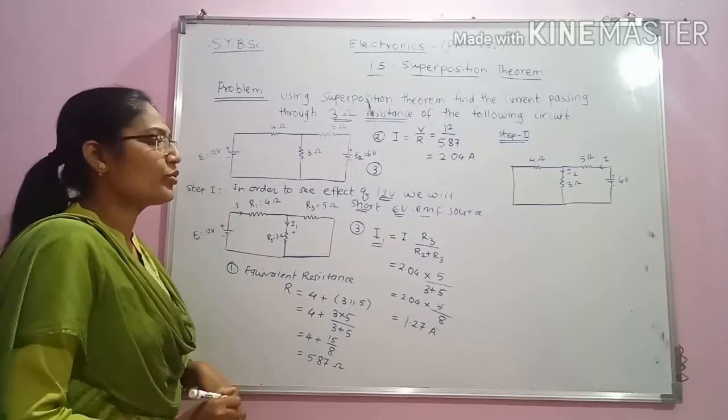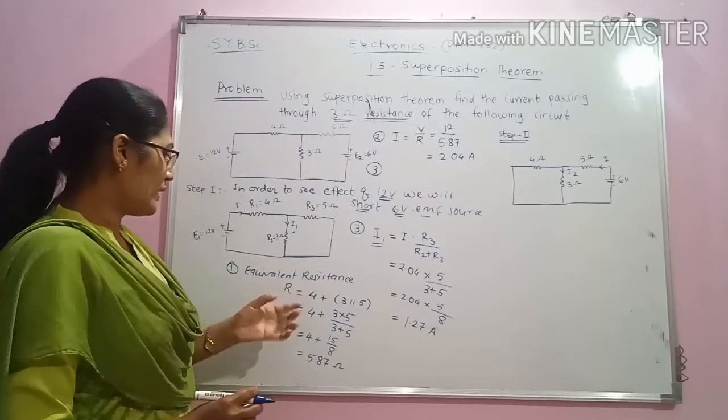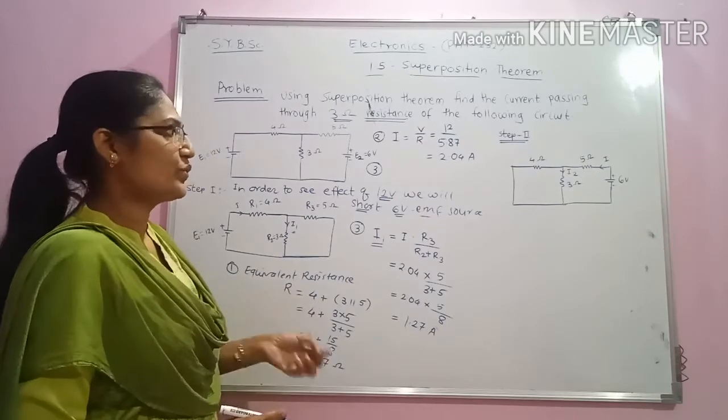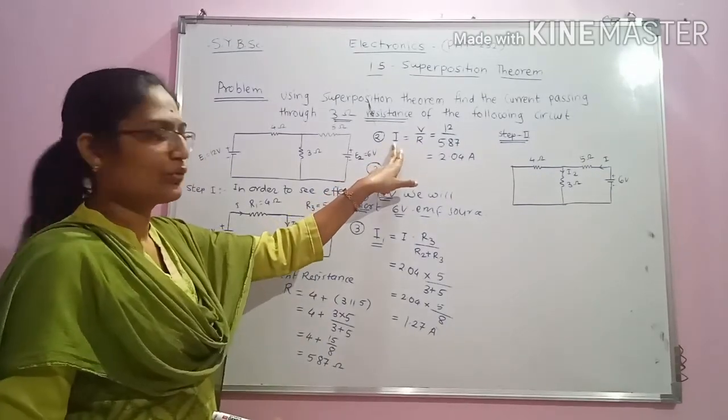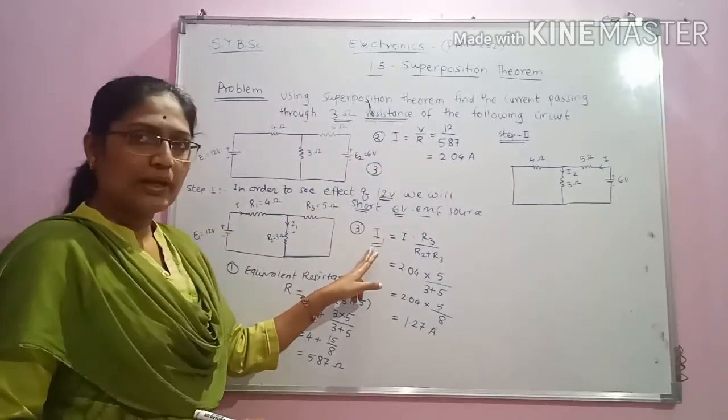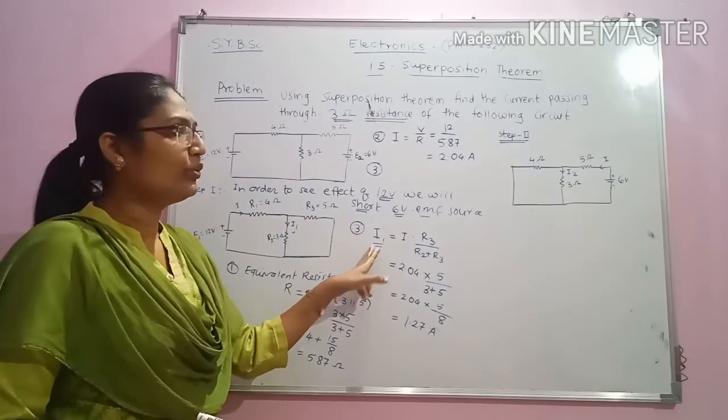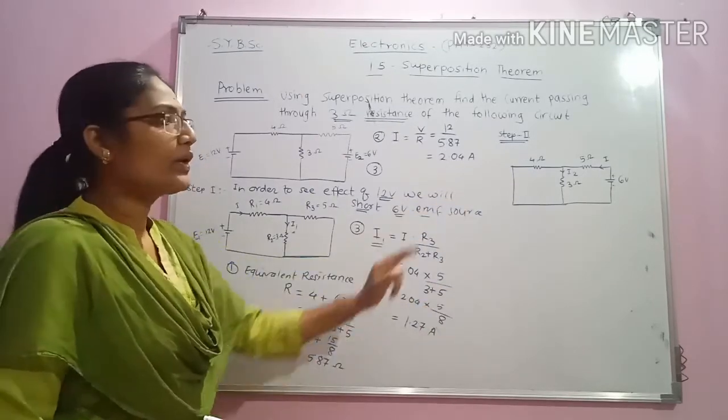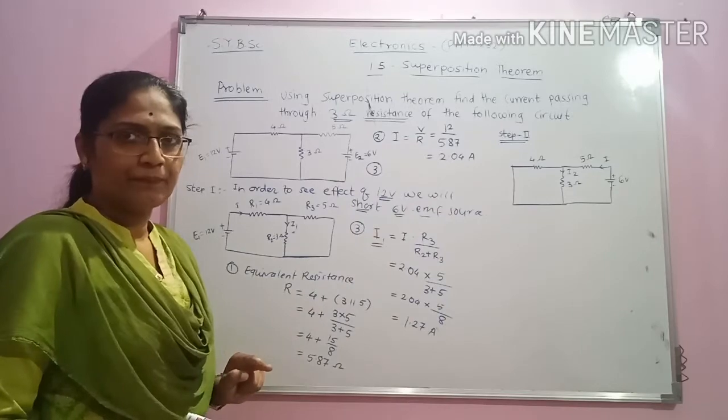Now the same we have to calculate, that is, we have to calculate the equivalent resistance, the current flowing through the circuit, and the current flowing through the resistance for the 6 volt battery.